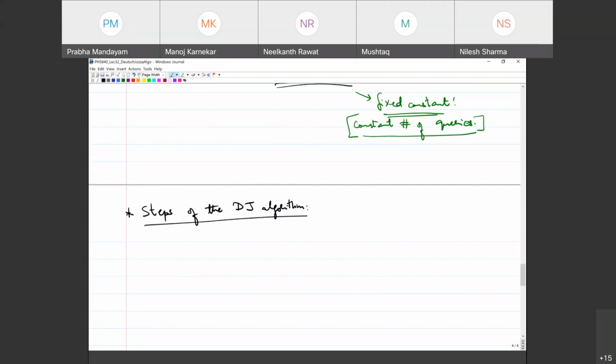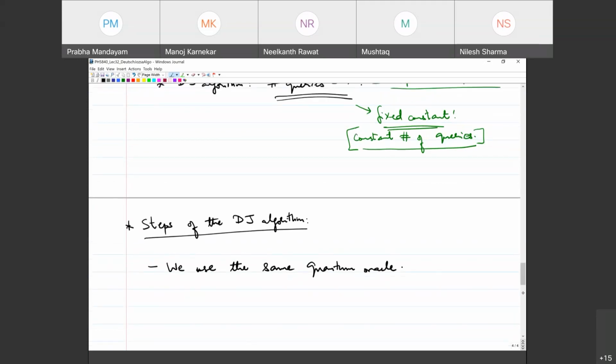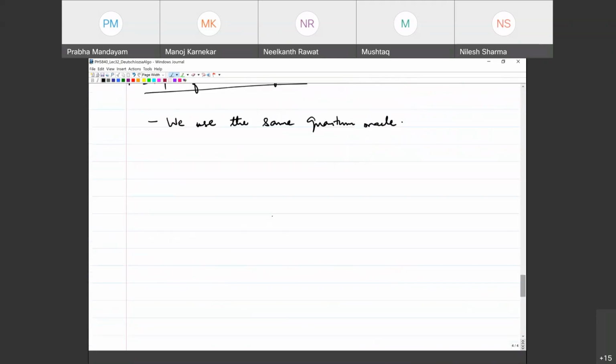So we use the same oracle, which means it's an oracle that is essentially going to have this (-1) to the f of x, extract the phase information out, right? But now the x is an n-bit string. So what this U_f is going to do is it's going to have this.